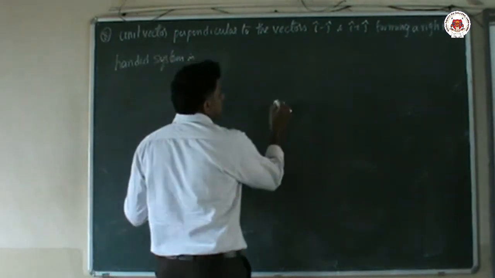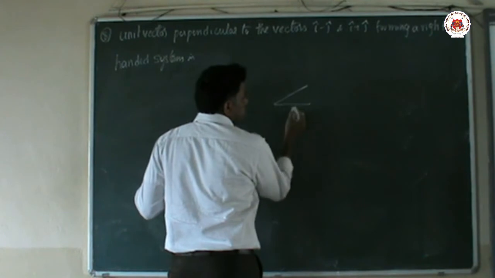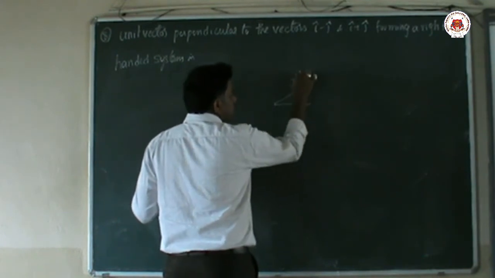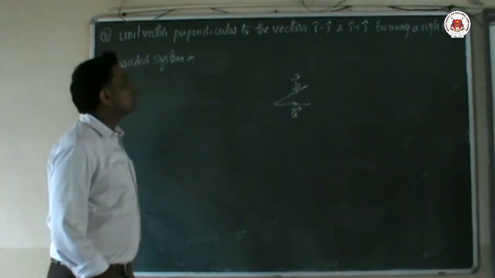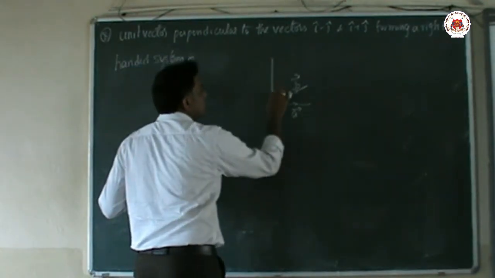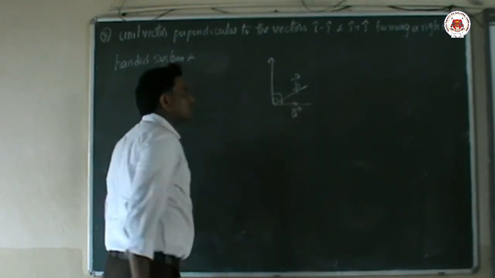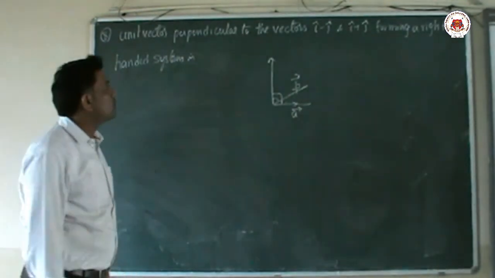Very important question, a lot of confusion in this question. Assume, children, this is vector A and here vector B is there. According to the right-hand system, this one is the vector which is perpendicular to both vectors. This one is perpendicular to B vector and this one is perpendicular to A vector also.